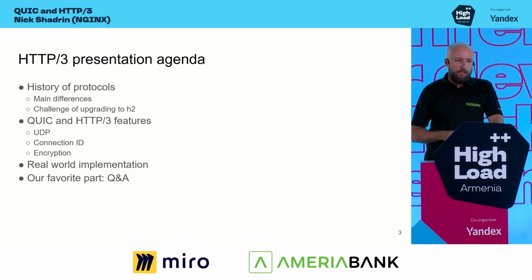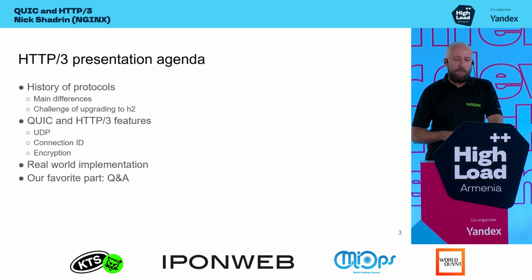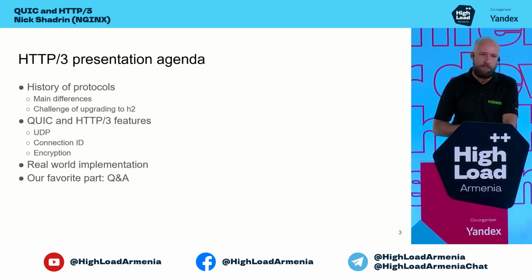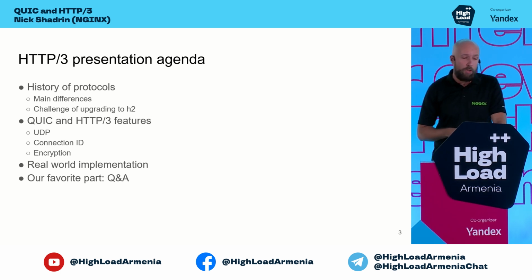As far as the functionality of QUIC and HTTP 3, we will be talking about the difference in transport protocol, that being UDP. There is a huge question about encryption, about how TLS is working there, and that's a big difference in how it works in UDP and in the protocol.